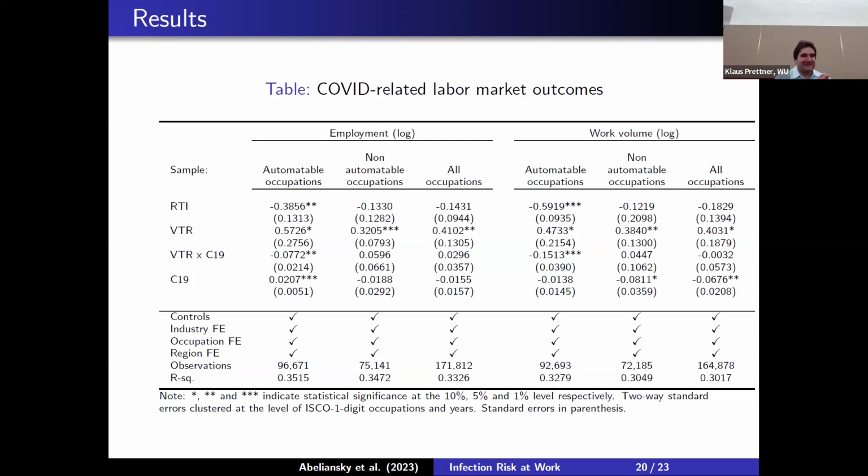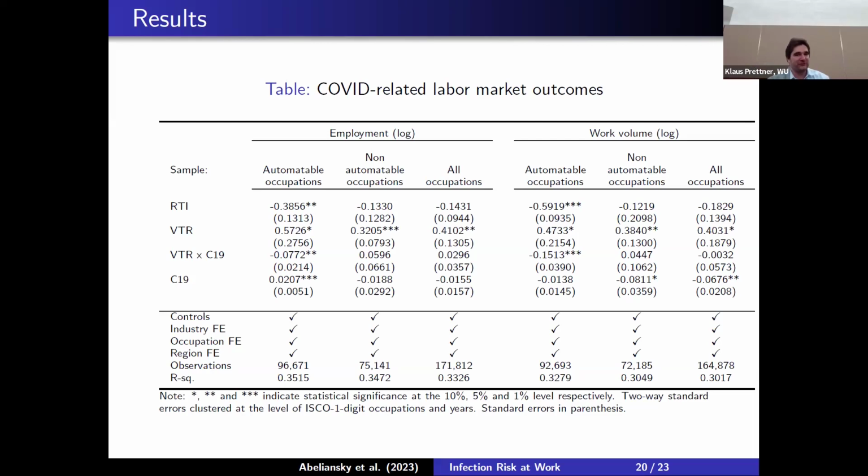That was exactly the thing that when we saw it first, we were puzzled, but in the end it's a very straightforward explanation. It's that the jobs where viral transmission is higher gained importance from 2015 to 2021, basically because there was still this transition to the service sector, and services being more personal services and so on.